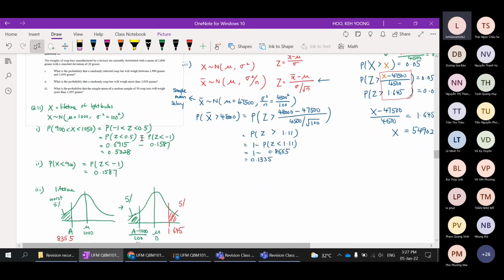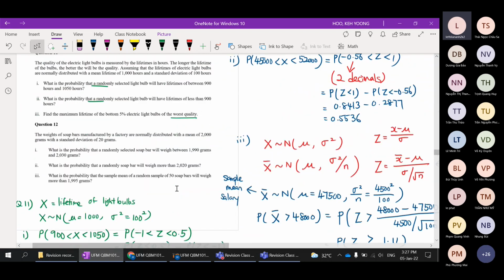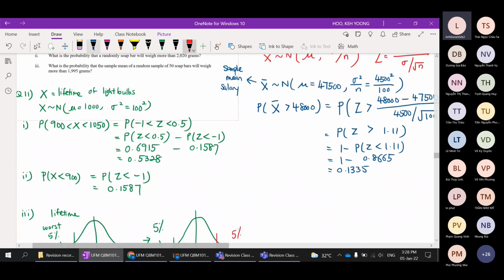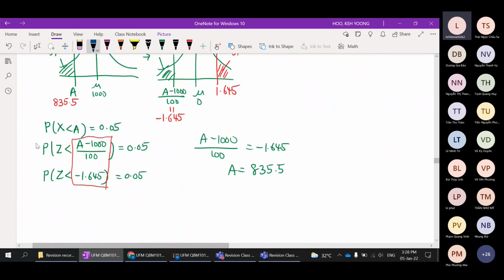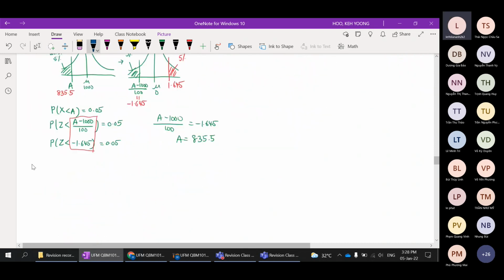Okay, so let's look at question 12. The weight of the soap bar is normally distributed with mean 2000 grams and a standard deviation of 20 grams. What is the probability that a randomly selected soap bar will weigh between 1990 grams and 2030 grams? Let's write down the question.